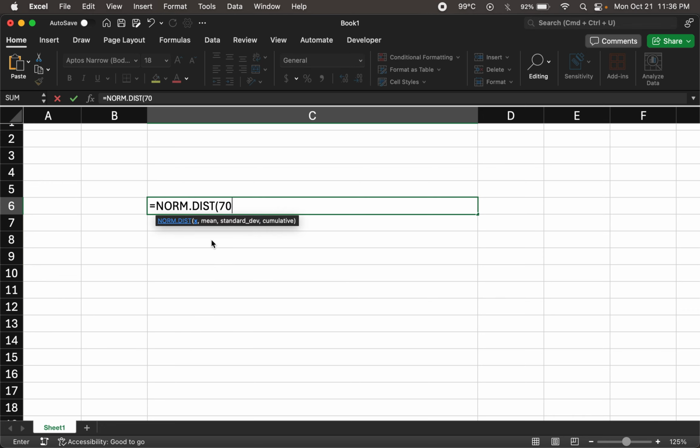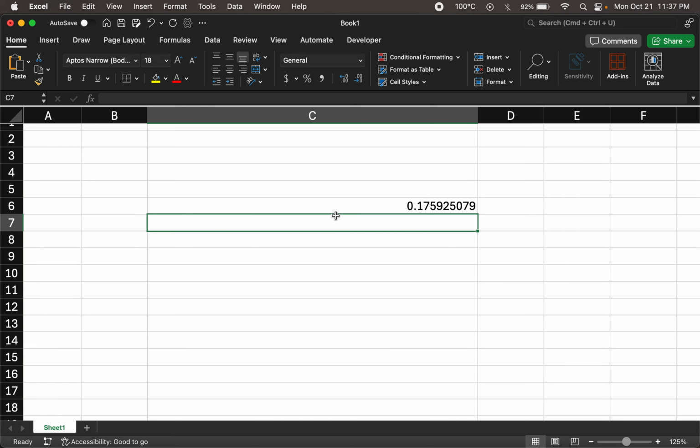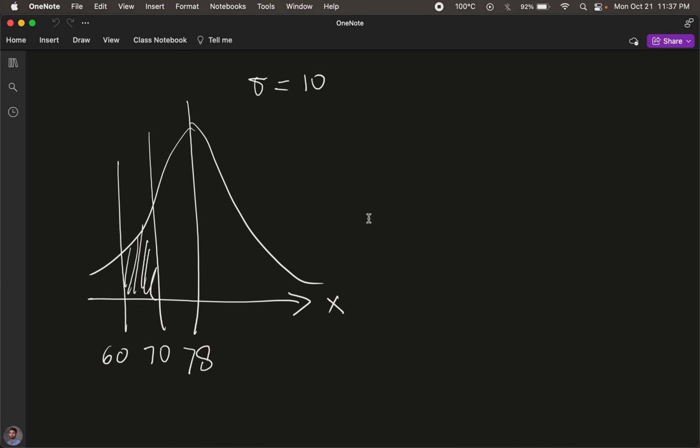We know it's 70, the mean is 78, standard deviation is 10, and yes, this is cumulative, minus the norm dist formula again, and we know this is 60, mean is 78, standard deviation is 10, and we hit true, and we get 0.1759. So this region is in fact 0.17. We get this from Excel in a fairly straightforward way.